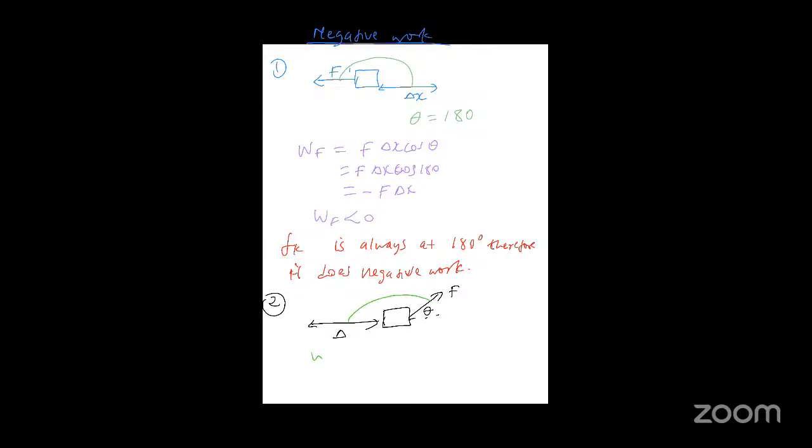Work done by F is equal to F change in X cos 180 minus theta. Cos 180 minus theta is negative, less than 0. Therefore, this WF will also be less than 0.